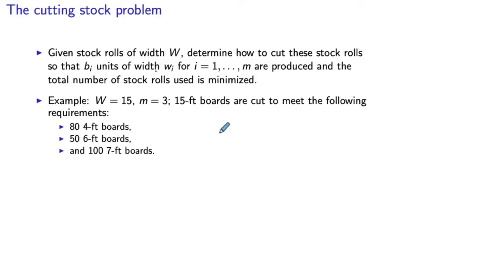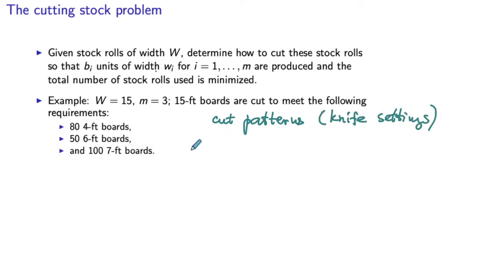So there are many different patterns according to which we can cut the board, and we refer to these as cut patterns. Sometimes you also call this the knife settings. Let's consider some examples of the cut patterns. Assume that this represents our 15-foot board, and we can cut it as follows.